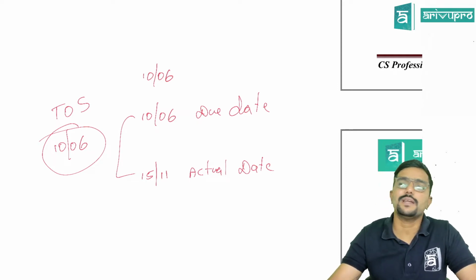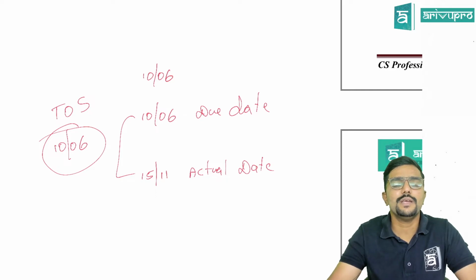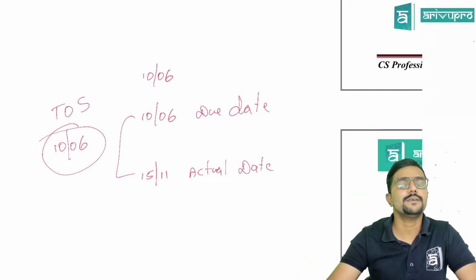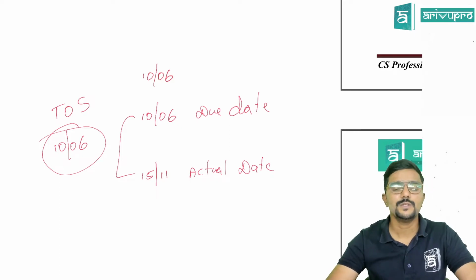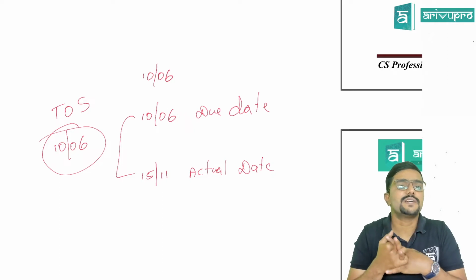Now assuming the supplier has not collected the money at all from the recipient, he will pay out of his pocket. So on 20th July, he will pay tax out of his pocket. Later, he will collect it from the recipient. Can it happen? Yes, it can happen.